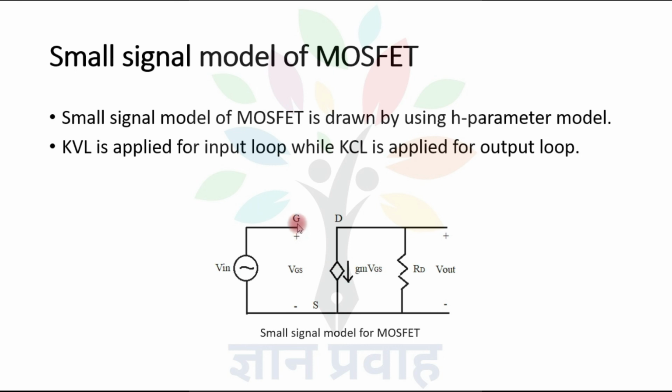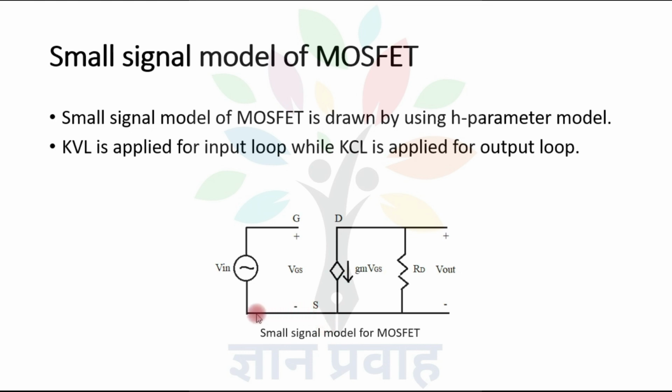The input voltage is taken between the gate and source terminals, VGS, and this configuration is common source configuration. Therefore, the source terminal is common to both gate and drain terminals.